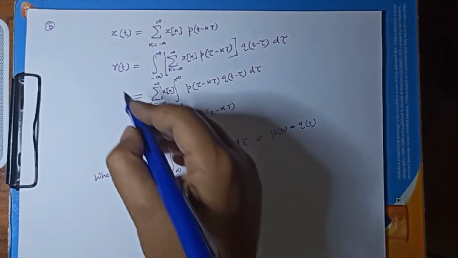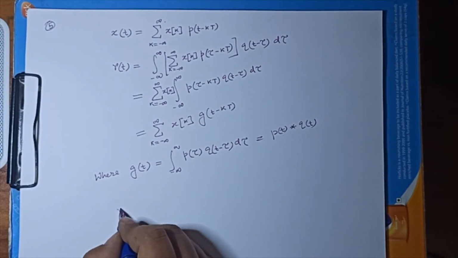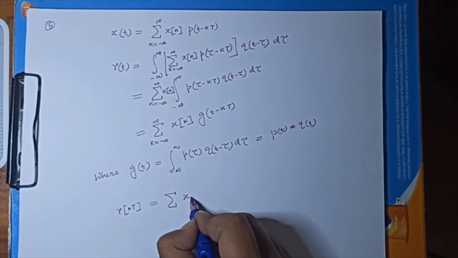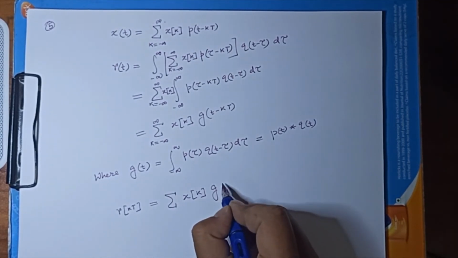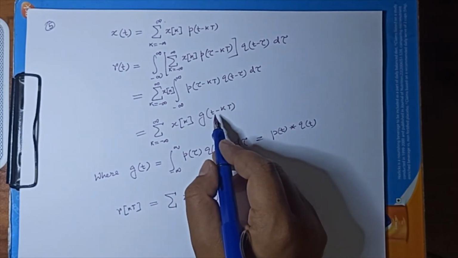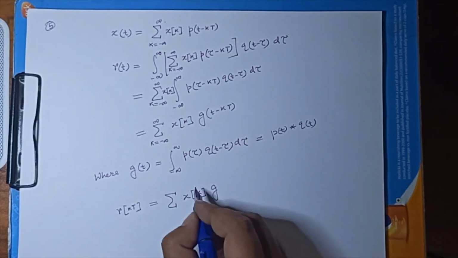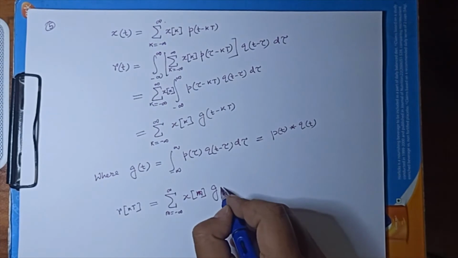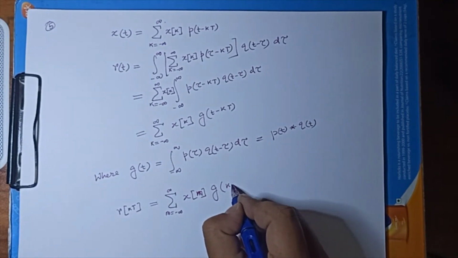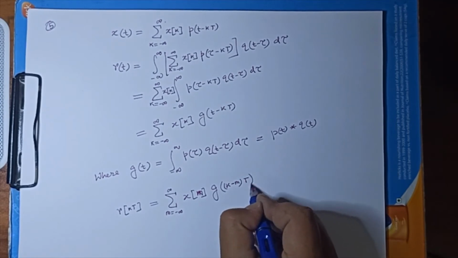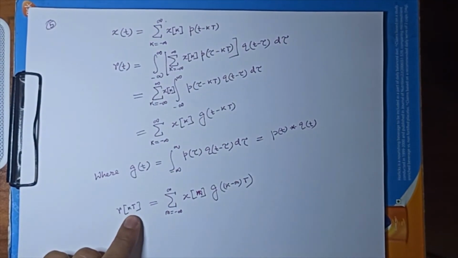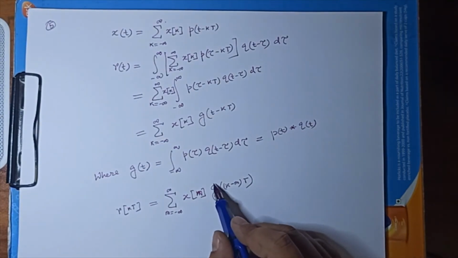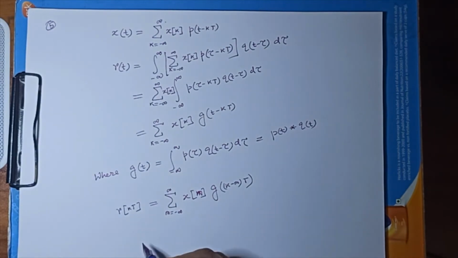Now from this r(t), what is r(kT)? So r(kT) is basically the summation of xm g((k minus m)T), okay, I am calling the index m, with m from minus infinity to infinity. That is what r(kT) is. So r(kT) will be equal to xk only when g(0) is 1.